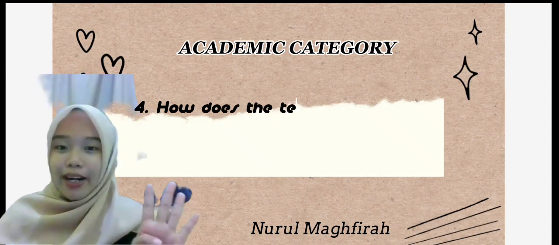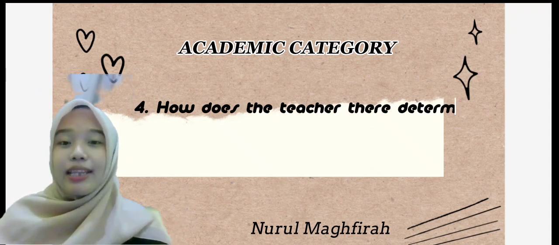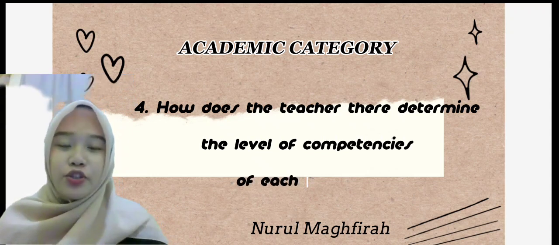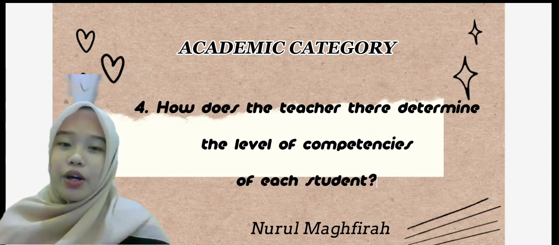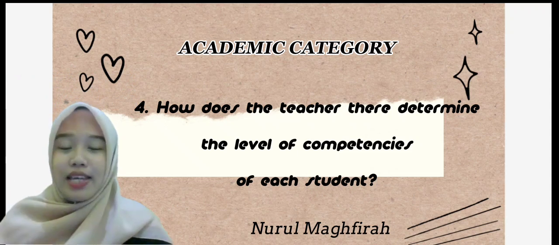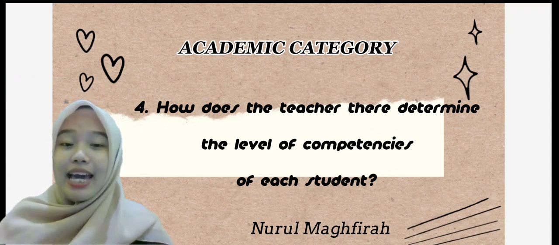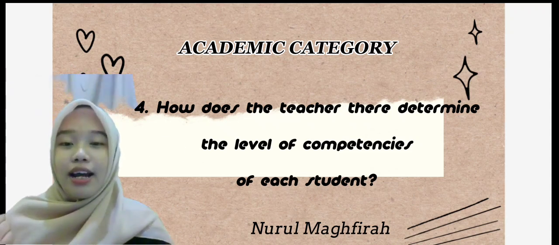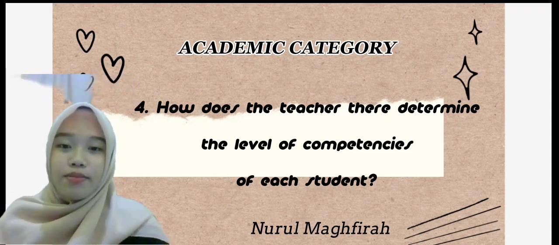Next, number 4. How does the teacher there determine the level of competencies of each student? As we know, there are three ways to test students' competency abilities, namely in written, oral, and practical forms.